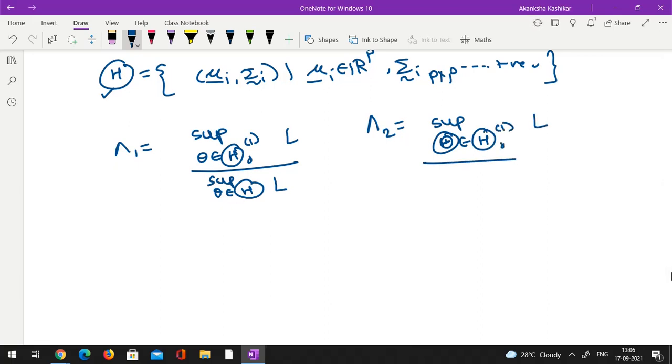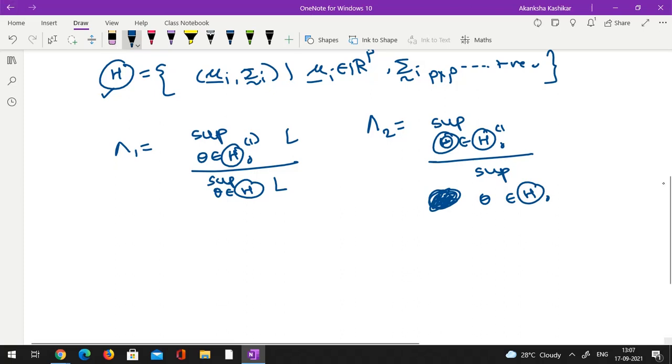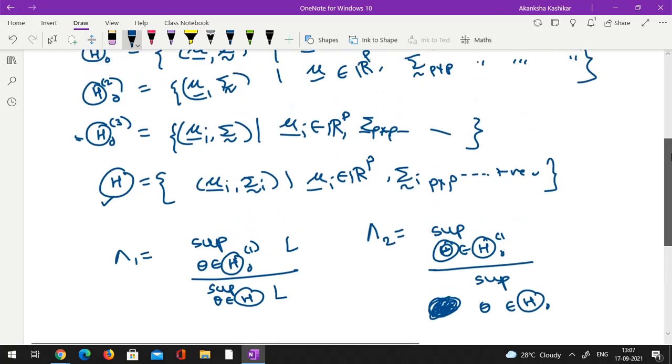this remains the same, and I'll have the supremum over theta belonging to H naught, and what is the third?